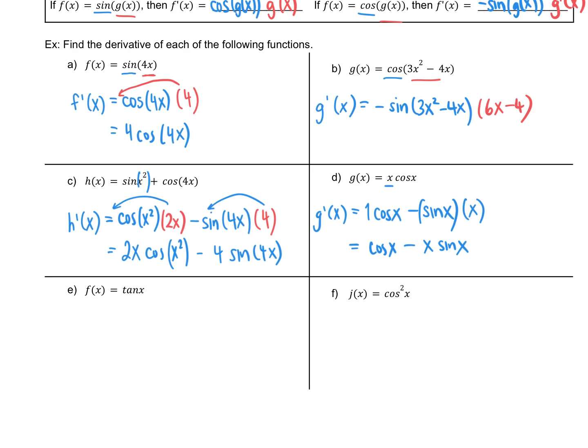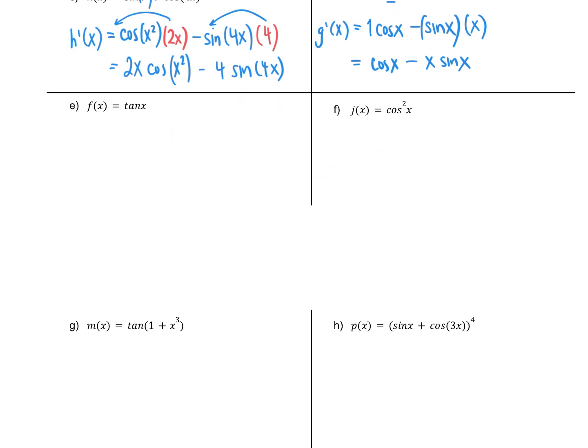All right, moving on to the derivative of tan. Now, we're going to come up with this derivative together because we know tan is sine x over cos x. So we just have a little quotient rule here. So let's go ahead and do that. The quotient rule says take the derivative of the numerator.